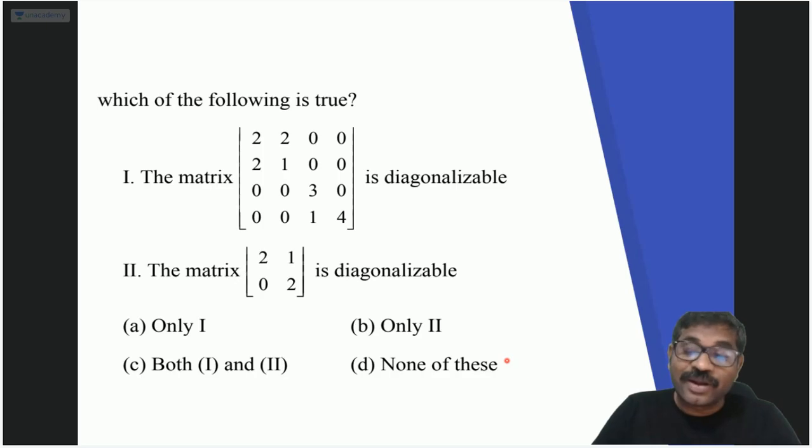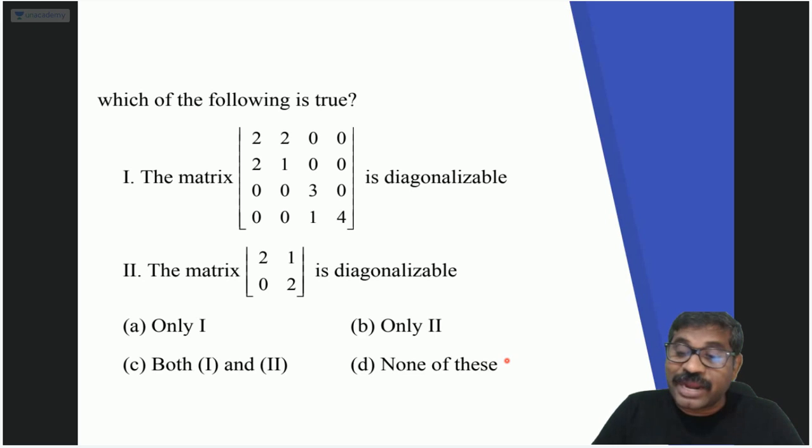I already told you, for each eigenvalue of your matrix, if algebraic multiplicity and geometric multiplicity coincide, then the matrix is diagonalizable. Okay? Did I explain the concept or not?